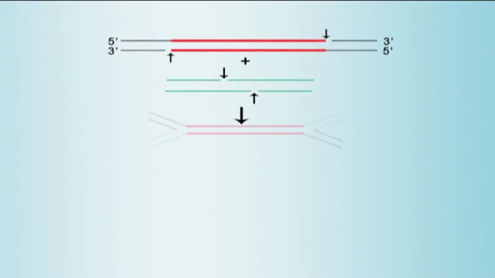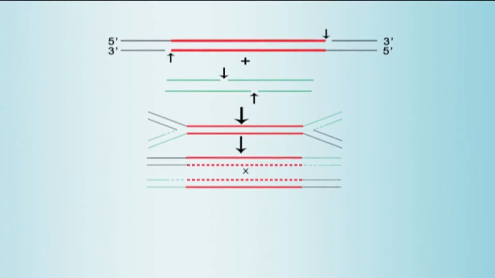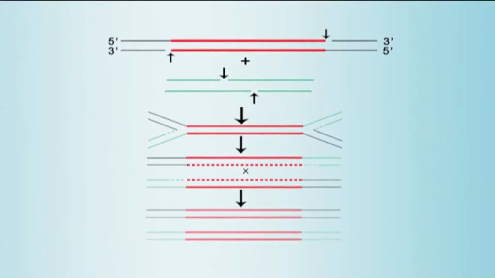It involves: number 1, single strand breaks in the target DNA and on either side of the transposon. Number 2, ligation of ends to produce a complicated hybrid molecule. Number 3, bidirectional replication through the element with subsequent ligation.